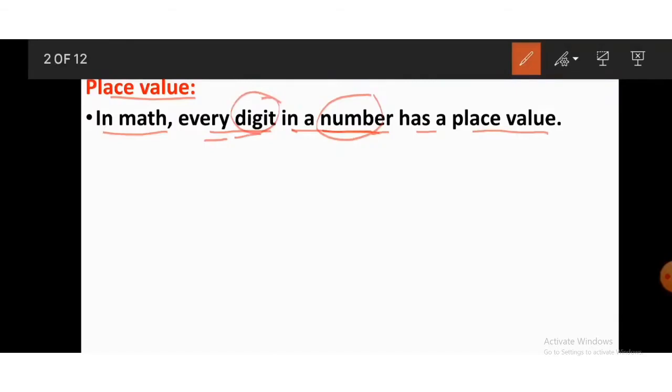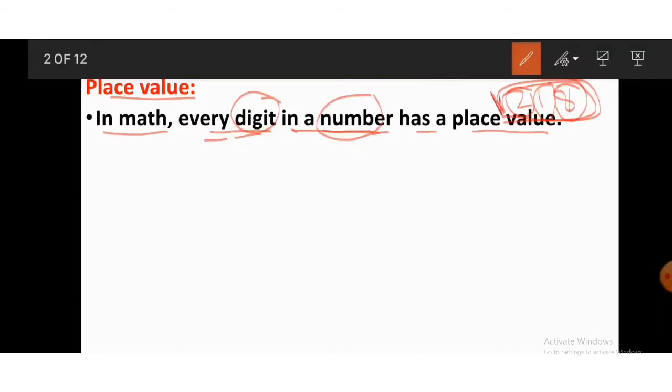If we take the example of a number called 218, this whole thing is called a number. 218 is called a number. If we take only 2 out of it, it is called a digit, or if we take only 1 out of it, it is called a digit, and if we take only 8 out of it, it is called a digit.